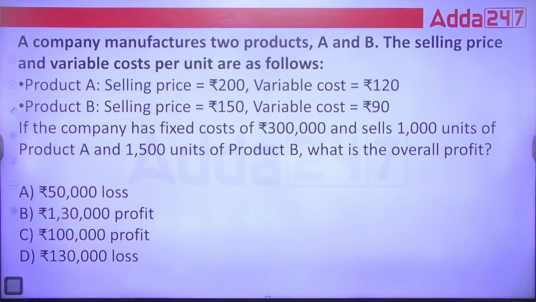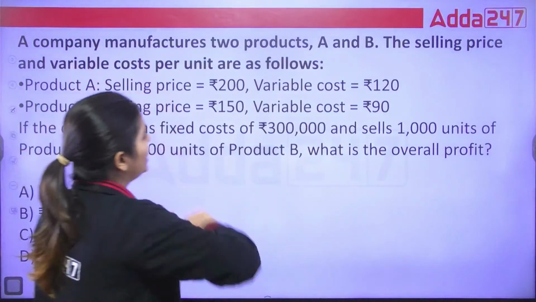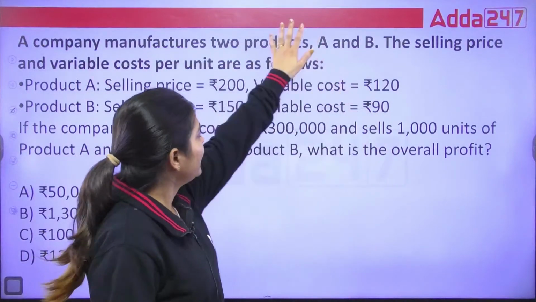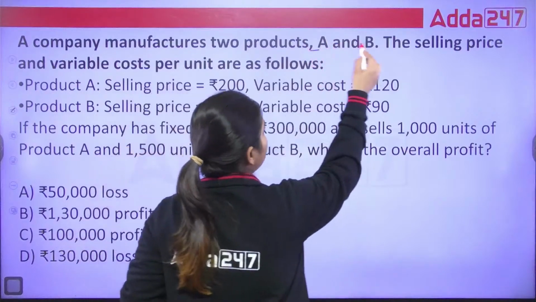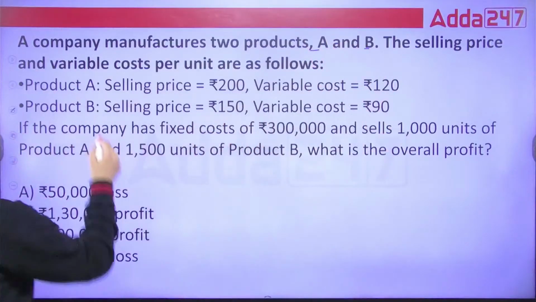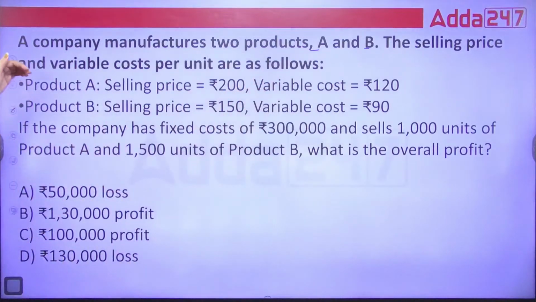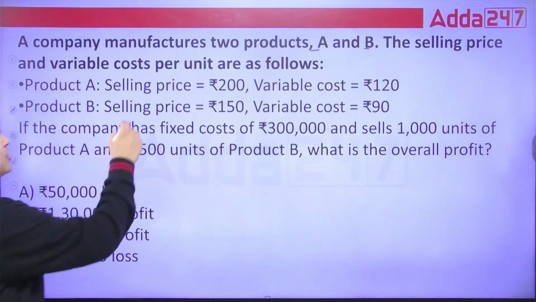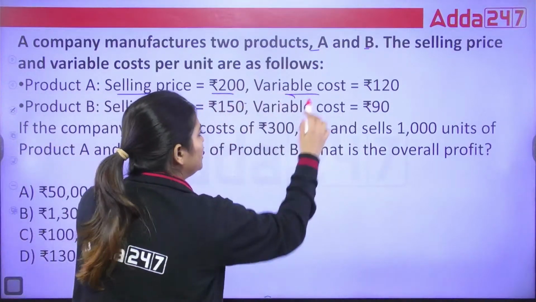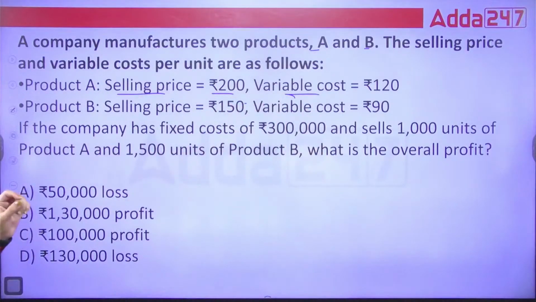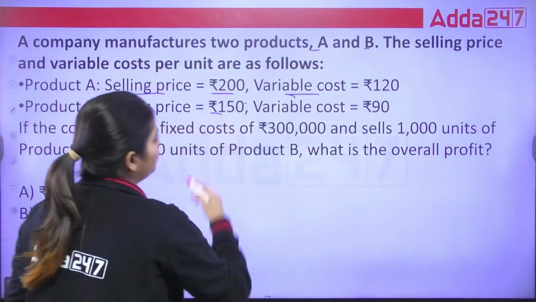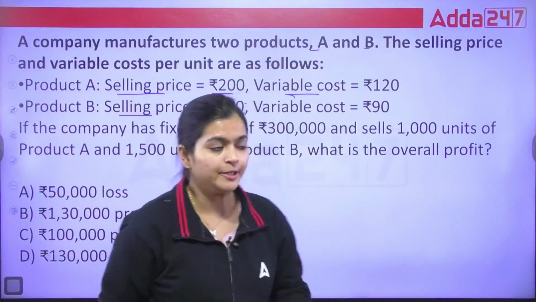Let's see the next question. A company manufactures 2 products, A and B. The selling price and variable cost per unit are as follows. First, product A detail is given: selling price 200, variable cost 120. Then product B, selling price 150, variable cost 90.